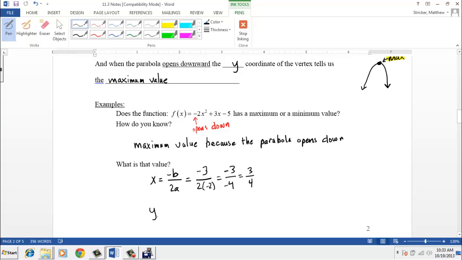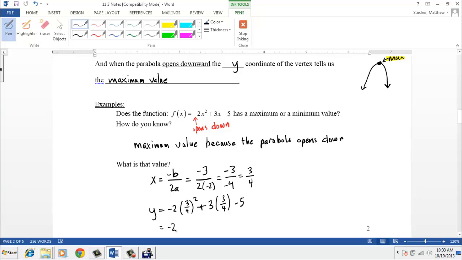And we can find the y value by plugging that back in. It's negative 2 times 3/4 squared plus 3 times 3/4 minus 5.